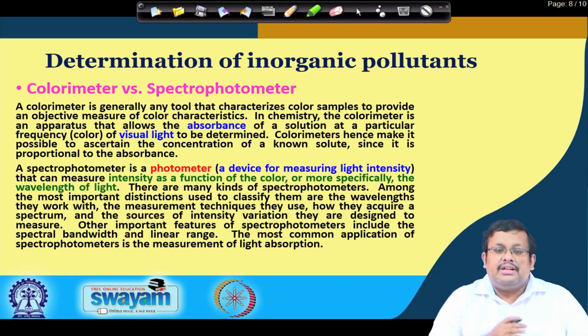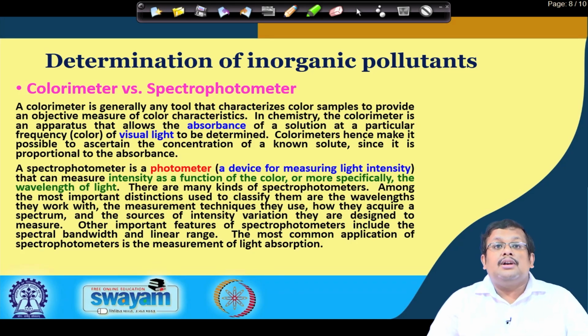Now, a spectrophotometer on the other hand, is a photometer, which is a device for measuring light intensity. So, a spectrophotometer basically measures the light intensity, and also it measures the intensity as a function of the color, or more specifically the wavelength of light. There are many kinds of spectrophotometers as I have already told you in the previous slide.